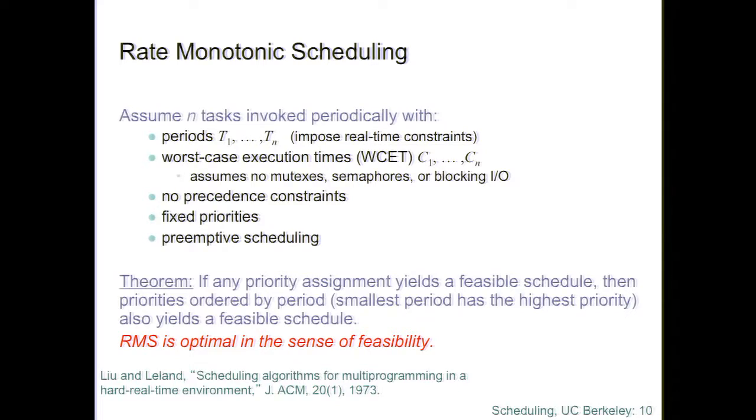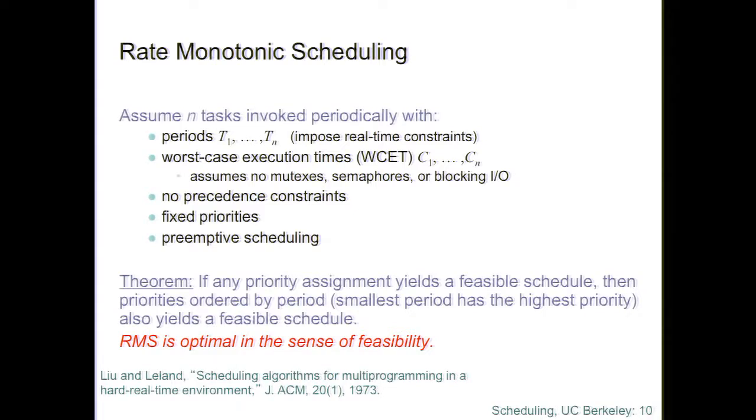They assume also that you know the worst-case execution time. Another word for this is fiction. But they assume that you know this for each of the tasks. So that means when you invoke the task, you know that it will take no more than C1 cycles or time units or whatever your measure is. We don't really care what the measure of time is here as long as it's consistent.